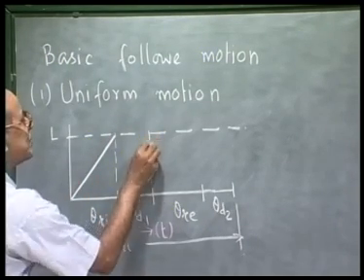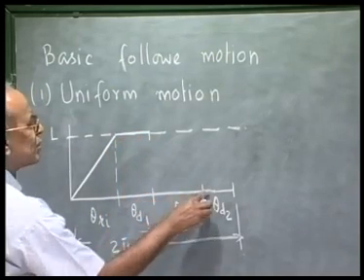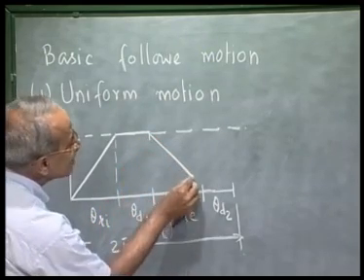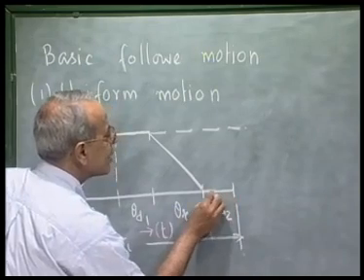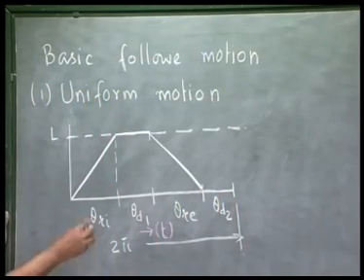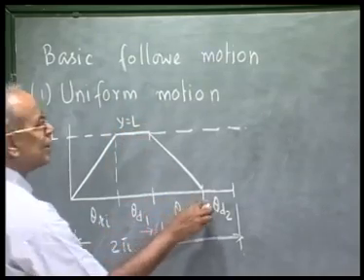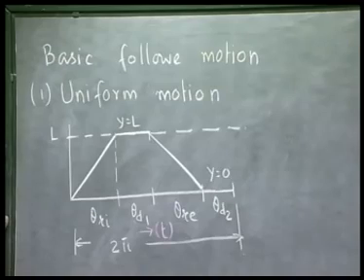Then here it remains at L. During theta return, it comes back with constant velocity and then again remains at y equal to 0. So during this y is L, during this y is 0, during the two dwell periods.